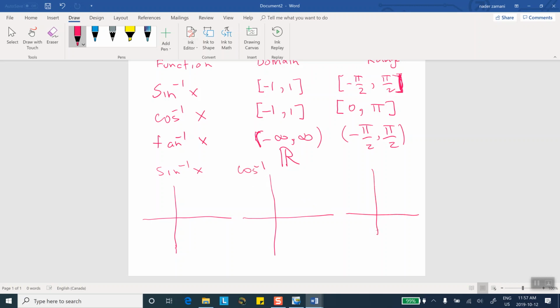This is a reminder. Tan inverse is very simple. You can put anything that you want, and it goes like this. So this is pi over 2. This is minus pi over 2. And as far as x goes, anything that you want. As far as the cosine inverse goes, it goes between 0 and pi.